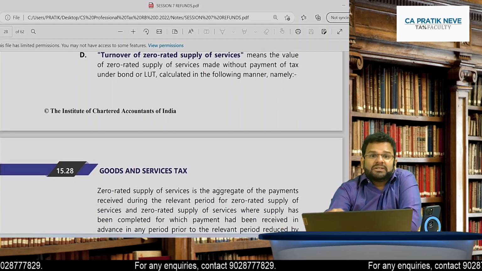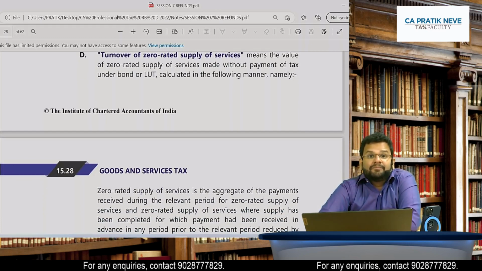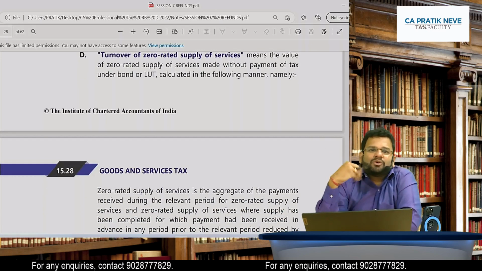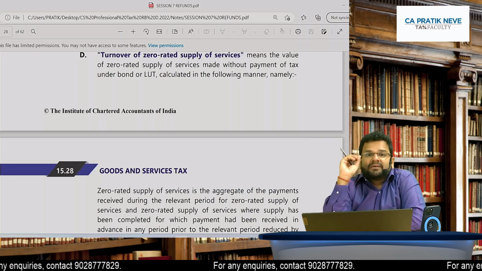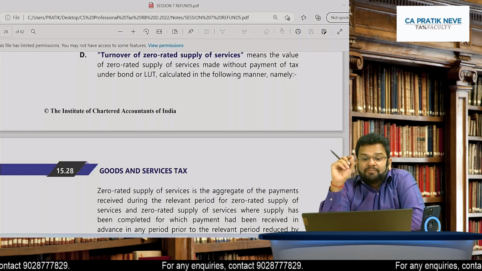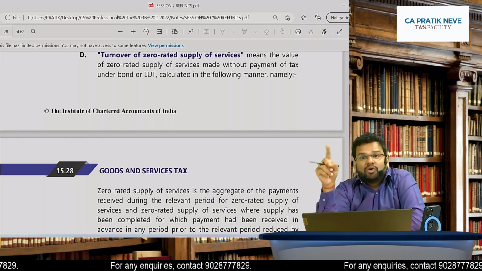Then turnover of zero rated supply of services. What is that? Understand, if they want to twist it, they can twist it to whatever extent they want. Now what does it mean, turnover of zero rated supply of services? It means value of zero rated supply of services made without payment of tax.